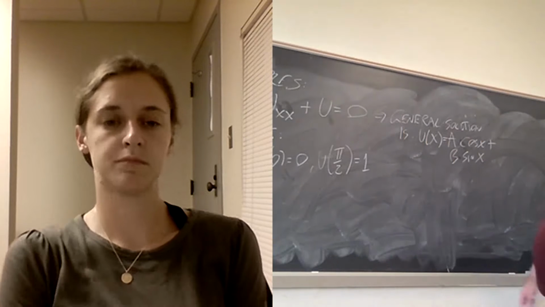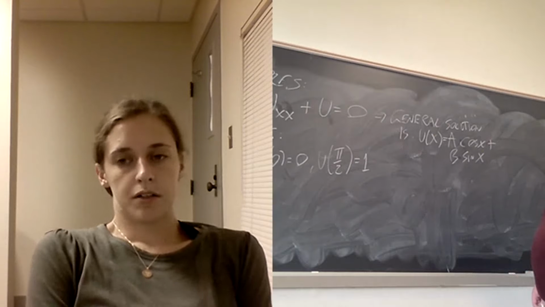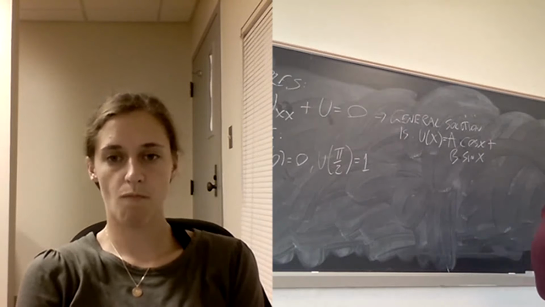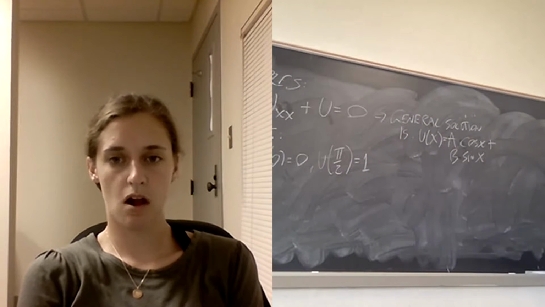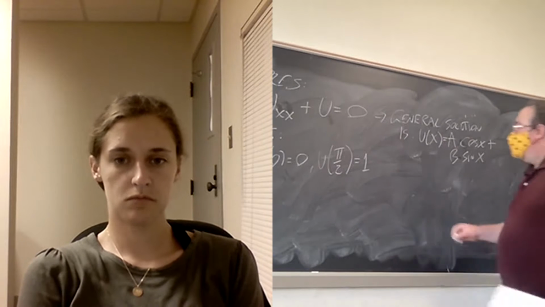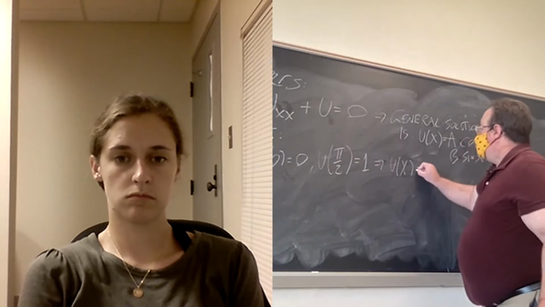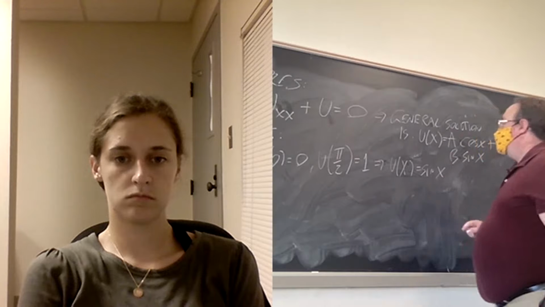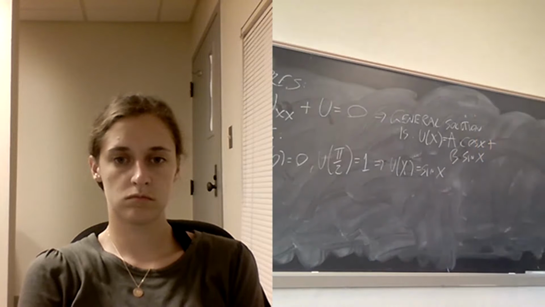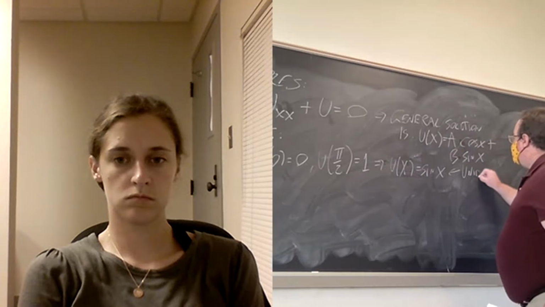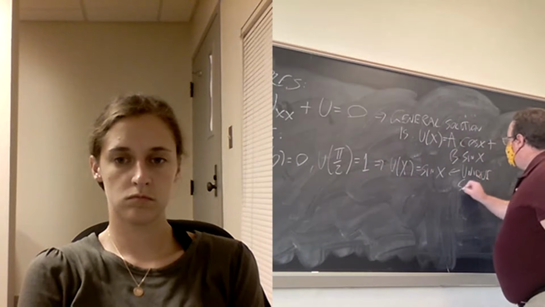So in that case, what you would do is set x equals 0 and x equals pi over 2 and solve for a and b. And if you did that, you would get sine x. And so in this case, it's well posed. This is the unique solution.